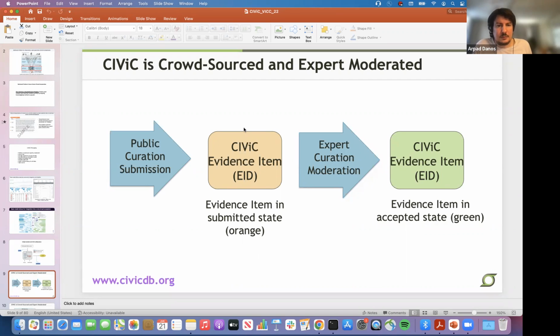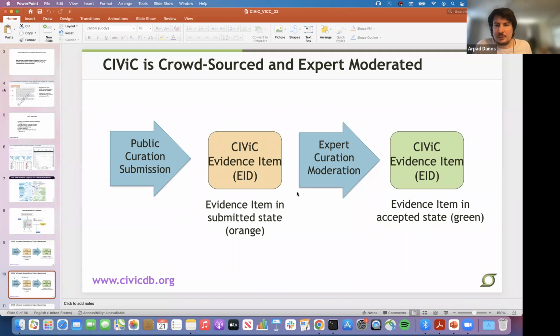But generally, the core thing we're talking about is CIViC evidence items. These are going to be labeled orange when they're in a submitted state. They're subjected then to curation and moderation. EIDs, evidence, can be revised and remoderated.